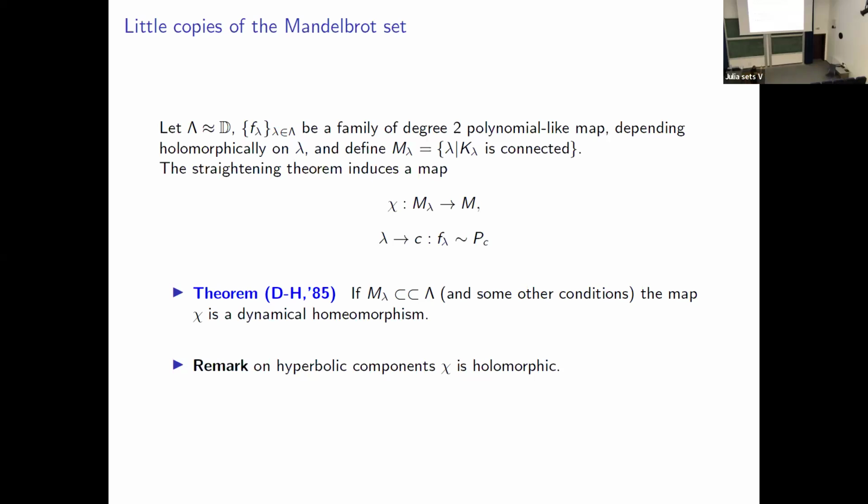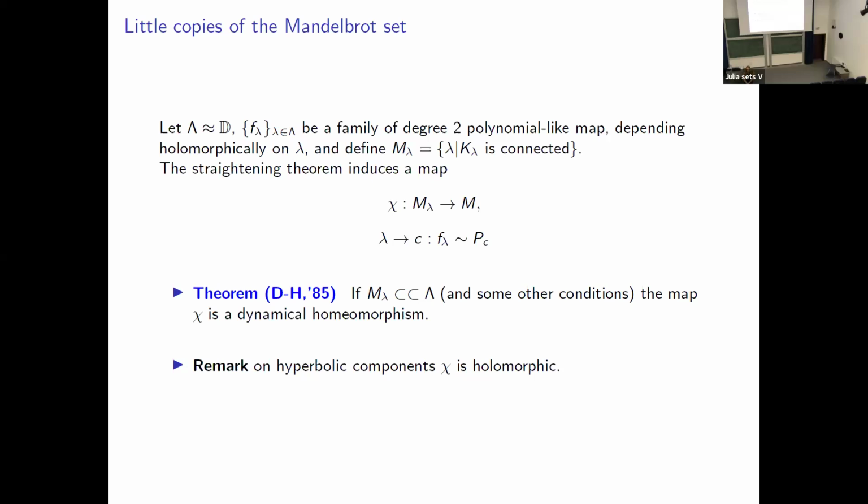So the parameter plane straightening map, chi, goes between the connectedness locus of the family of quadratic-like maps and the Mandelbrot set, and associates to each lambda the c such that F lambda is hybrid equivalent to P c.